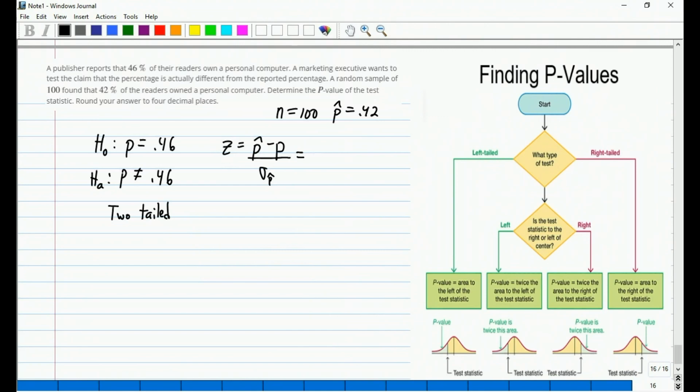So we're just going to plug these numbers in. 0.42 minus 0.46 divided by the square root of, and we use our p-value here, 0.46 times 1 minus 0.46, which is 0.54, divided by n. I'm going to work that out. And again, don't forget to take the square root, because if you do, I guarantee you'll get a crazy answer.